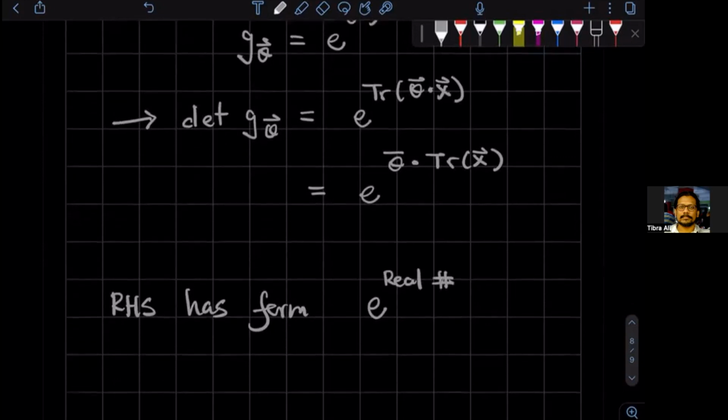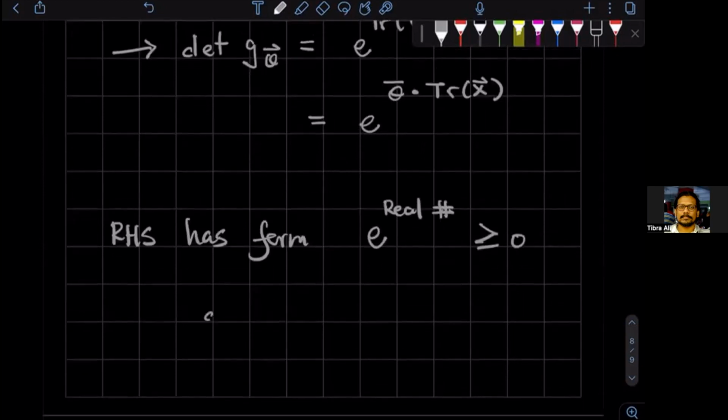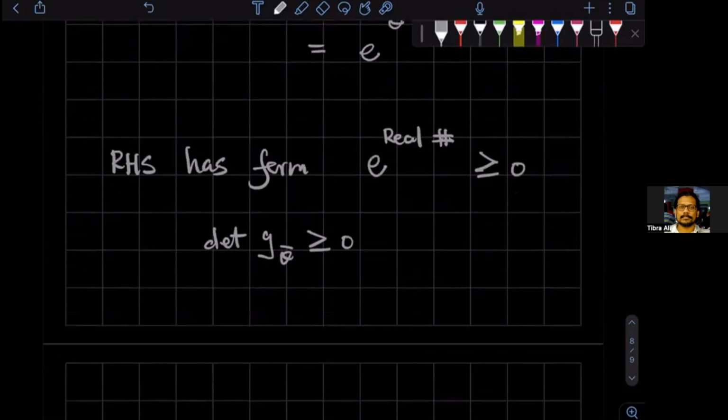Now, we know that this has to be either 0 or positive, right? And therefore, the determinant of g of theta must be real and positive.